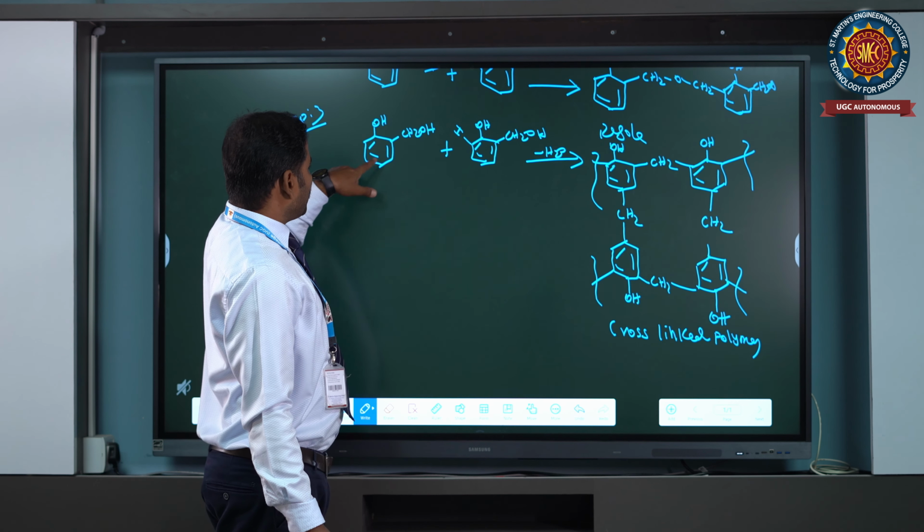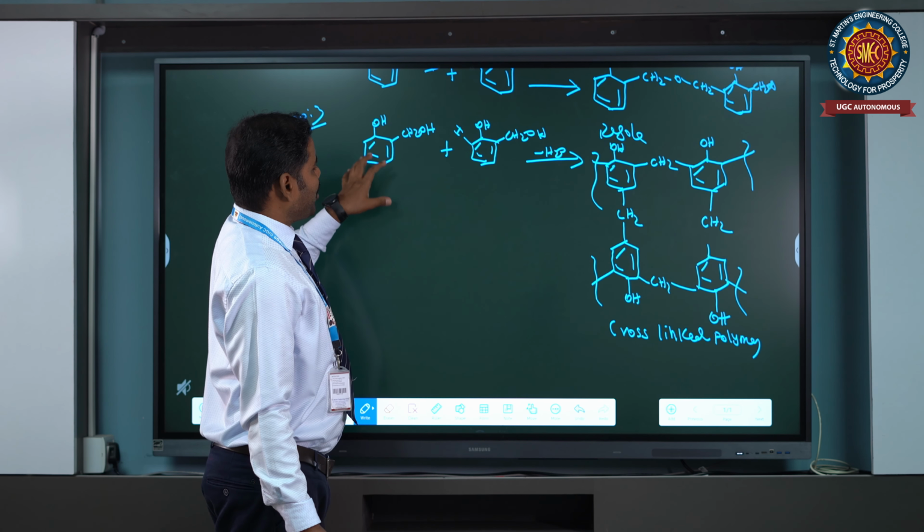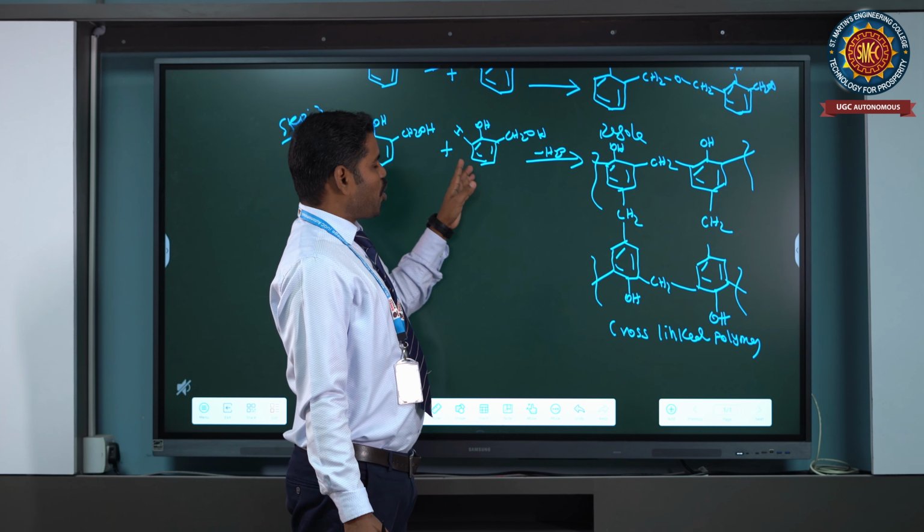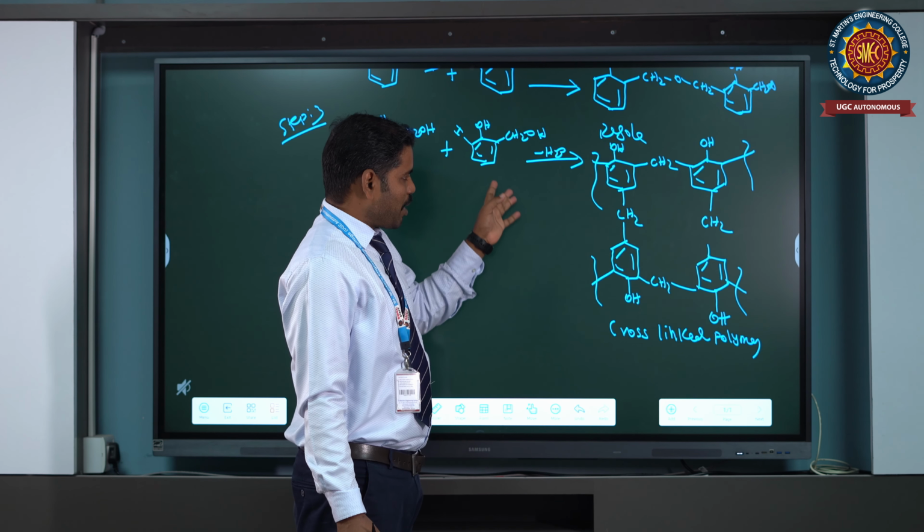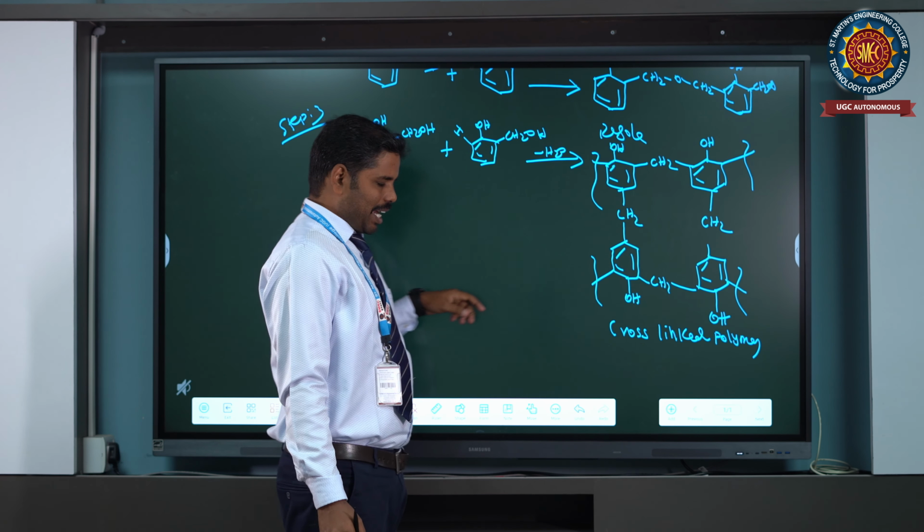First step, second step, third step: methylol phenols react with another methylol phenols, followed by condensation reaction, removal of water molecule to form cross-linked polymers, bakelite.